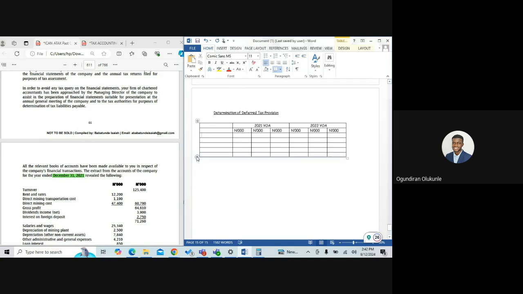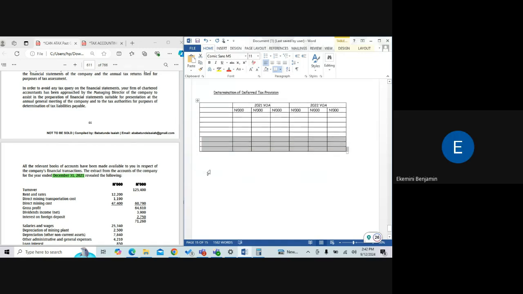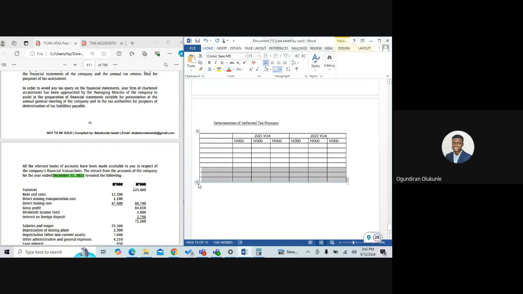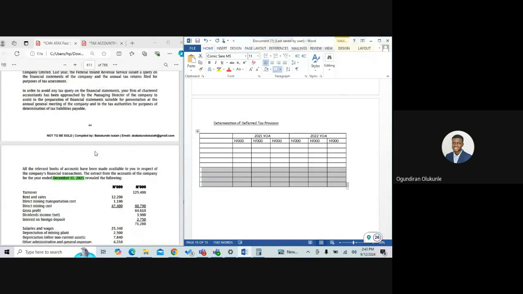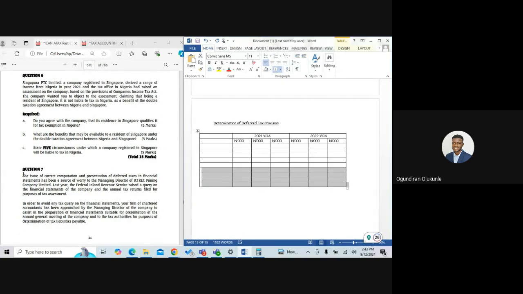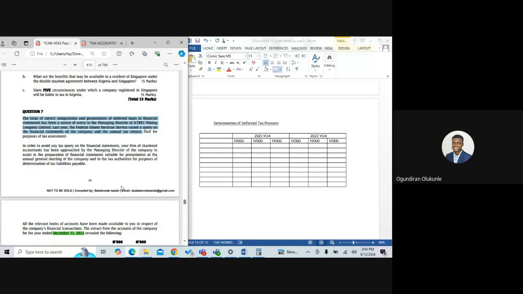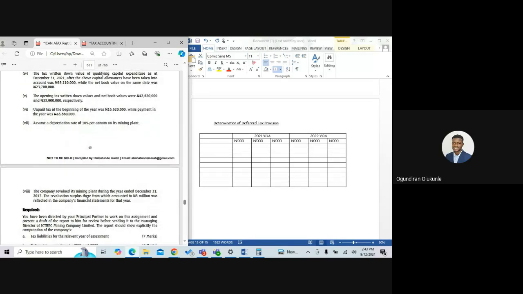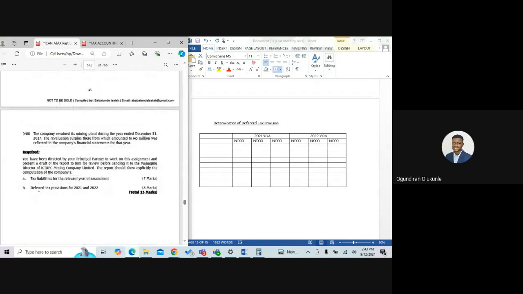So to save that time that you don't have, always read the requirement first and then pick what you need from the question. There's no reason why you need all these things, the introduction and the issue of competition. I knew I don't need them because I read the requirement, and the requirement says I should compute the tax liability.